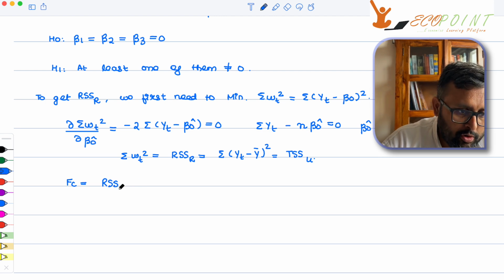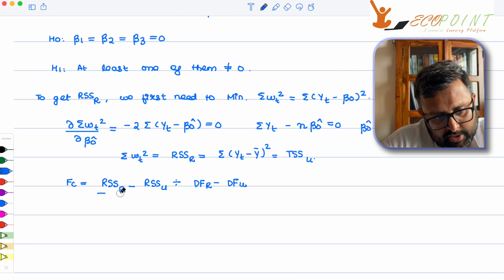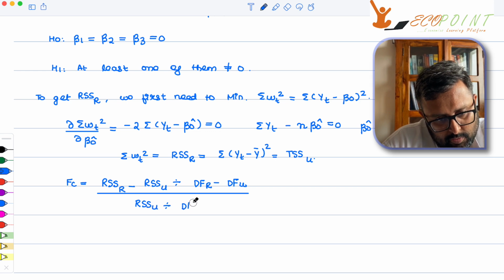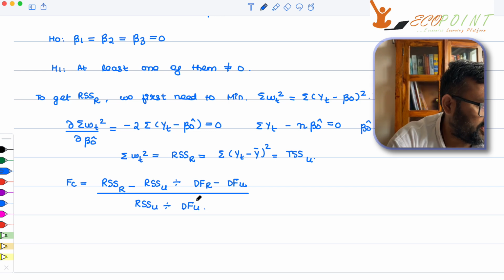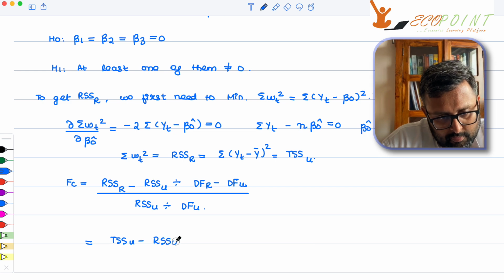So the formula for the F statistic is RSSR minus RSSU divided by degrees of freedom of R minus degrees of freedom of U, whole upon RSSU divided by degrees of freedom of U. But in place of RSSR, now you can write TSSU minus RSSU.